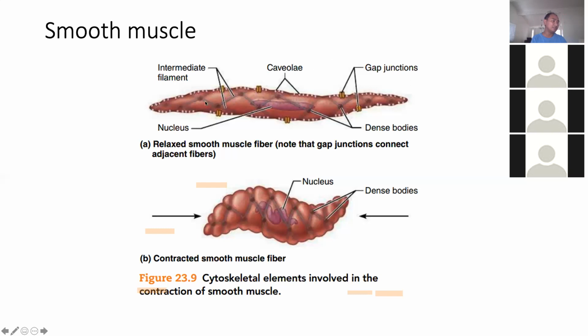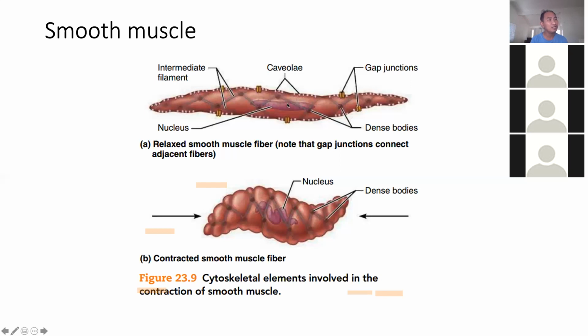If we look at these intermediate filaments here, they are tension resisting fibers. So when they are in a relaxing state, they are in this condition, you cannot stretch them anymore because they will resist the tension, which is the pulling force. If you follow the intermediate filaments, you can see a little dot here where the two filaments are crossing each other.